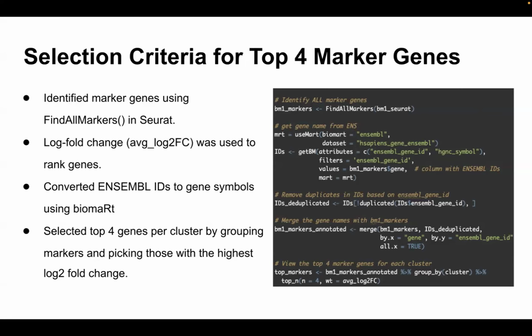Finally, the top 4 marker genes for each cluster were determined by grouping the marker list by cluster and then selecting the highest log fold change genes. So in this case, these are the highly expressed and characteristic markers for their respective clusters.